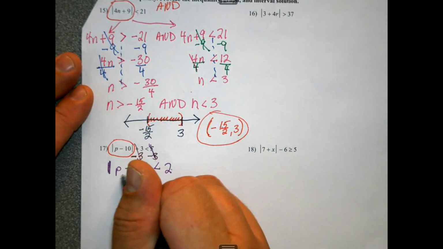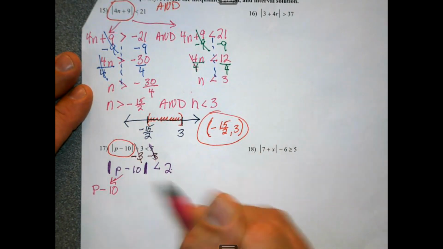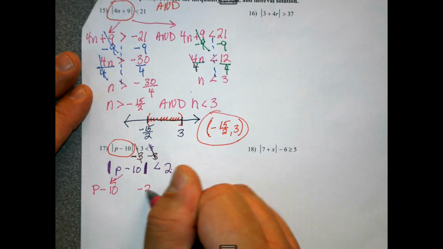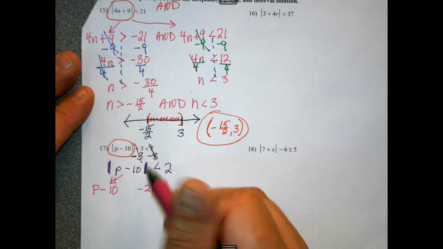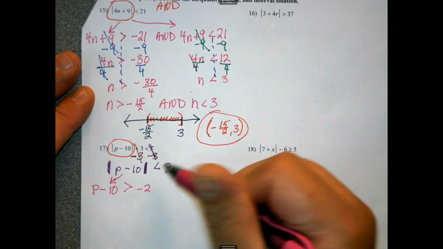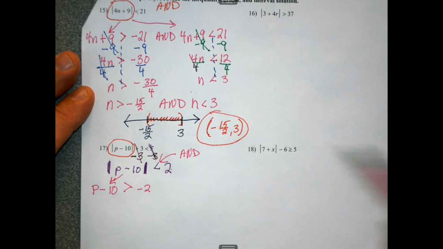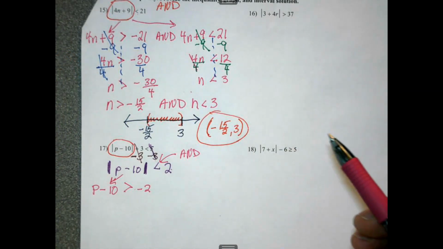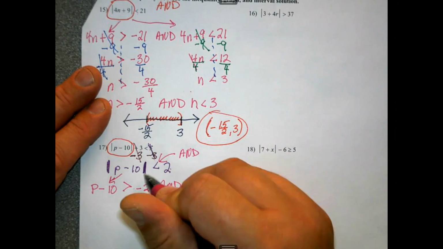So I'm going to take p minus 10, negative 2. See, I'm going to flip it. This is an and problem, another and problem. Take what's inside.